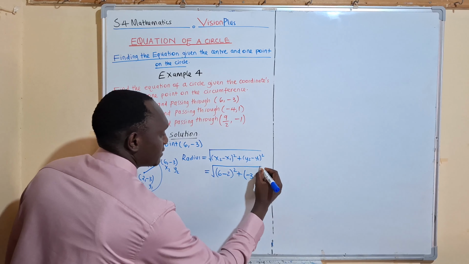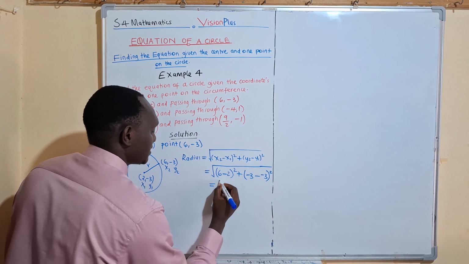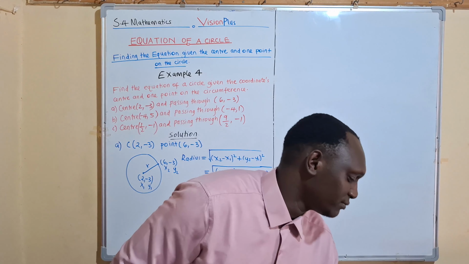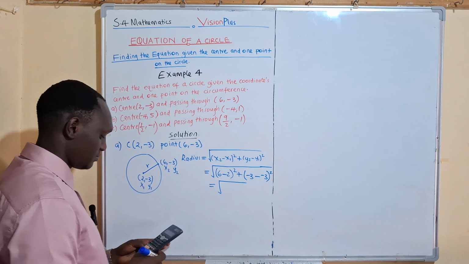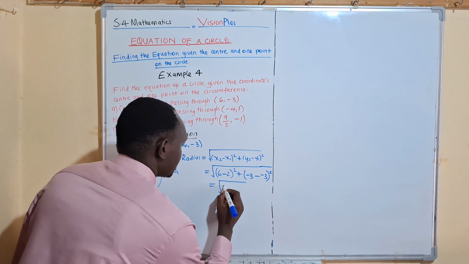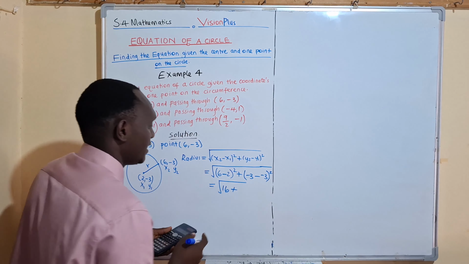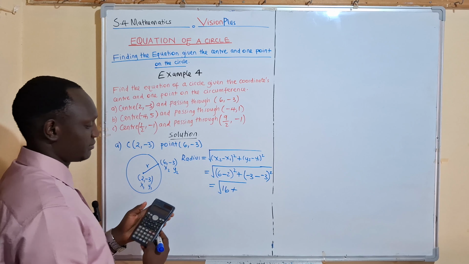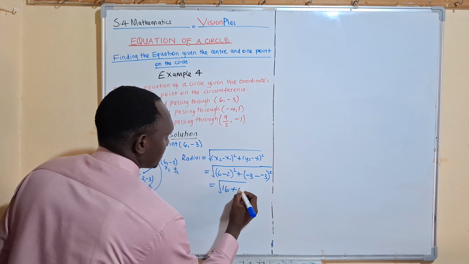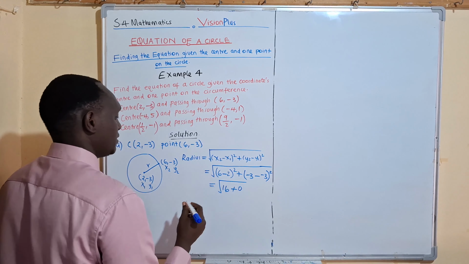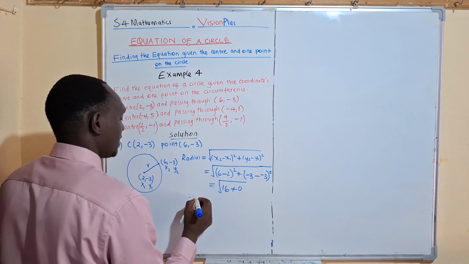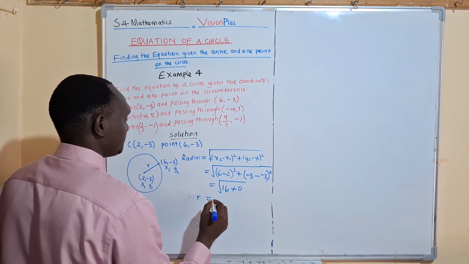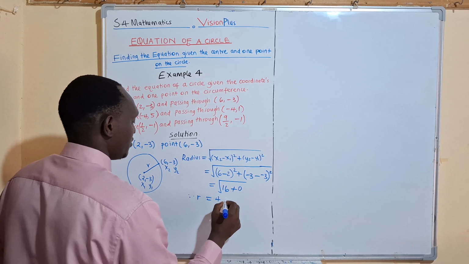This now gives us the square root of 4 squared, because 6 minus 2 is 4, 4 squared is 16, plus -3 minus -3 is 0, 0 squared is 0. So, therefore, the radius r becomes the square root of 16. It is simply 4 units.